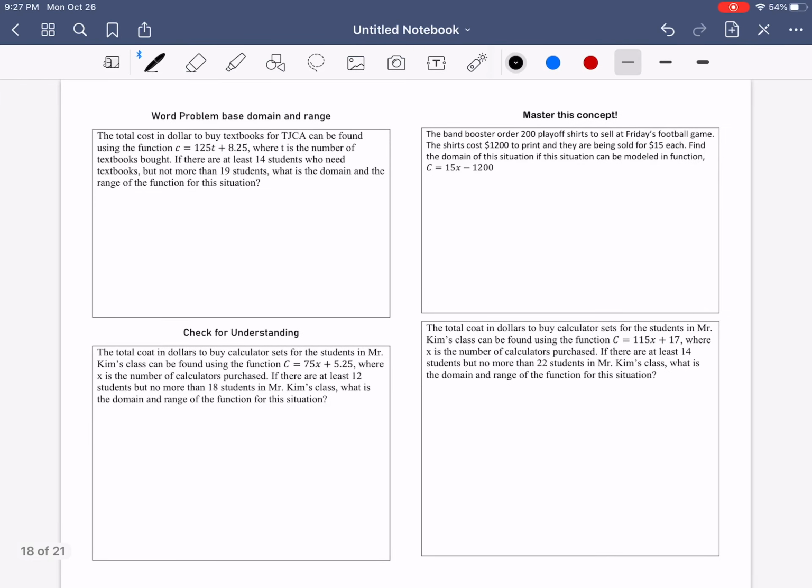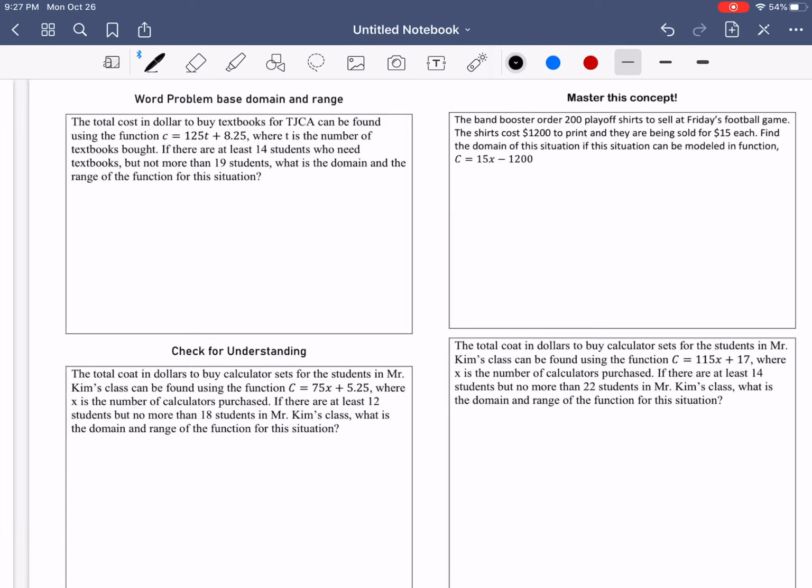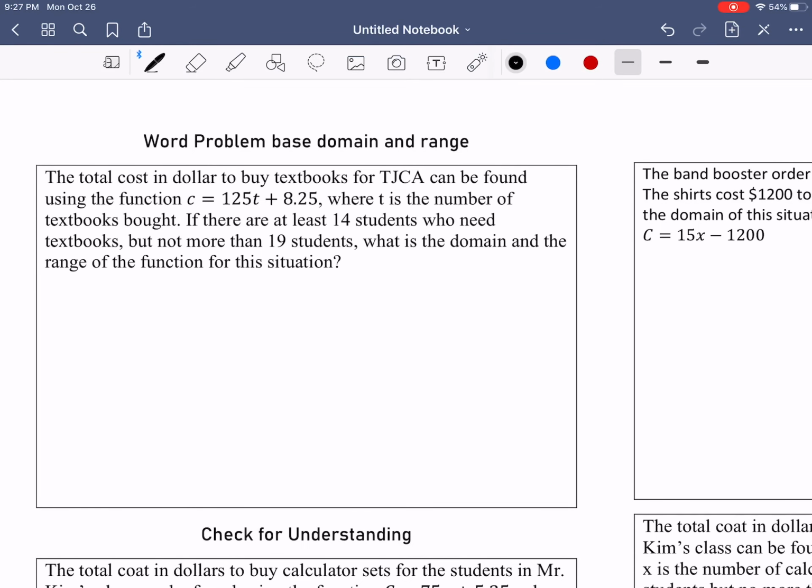Okay, let's do this word problem. Even though I do not like to read this with my silly pronunciation, I guess I have no choice, so I'm going to read the first one.